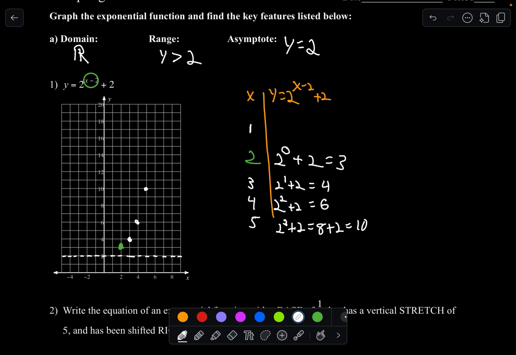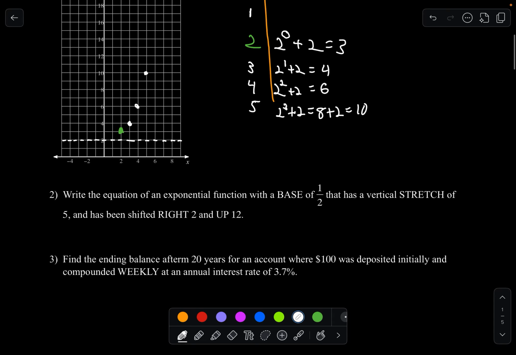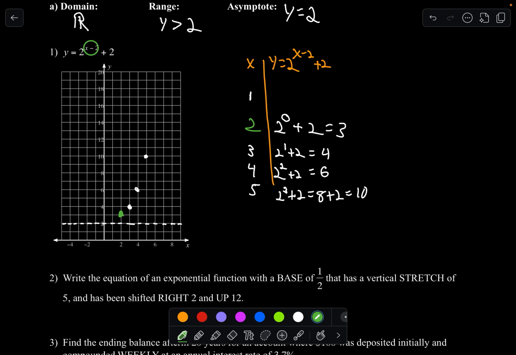If we go to 1, which is 1 to the left of the zero point, which makes the exponent 0, when x is 1, we get 2 to the negative 1 plus 2, which is 1/2 plus 2. Now you use a calculator, which is 2.5. So we know when we're at 1, we're at 2.5. And so we know how this graph goes. It approaches the horizontal asymptote, then it bends and follows these points. All right, and that's how you graph it.